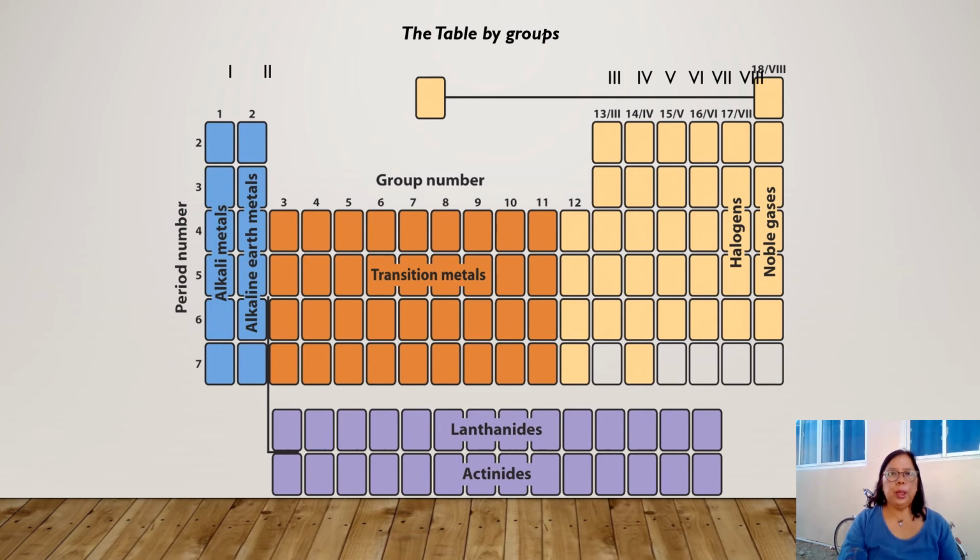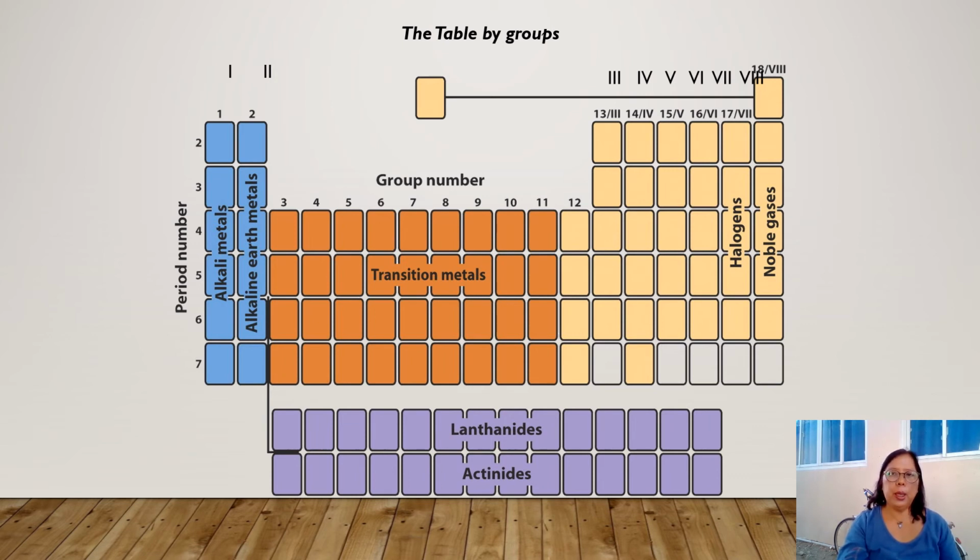Going further to the table by groups, the blue here are the alkali metals. This is the alkaline earth metals. And then if we go to group 7, you have here the nonmetals, more specifically the halogens.